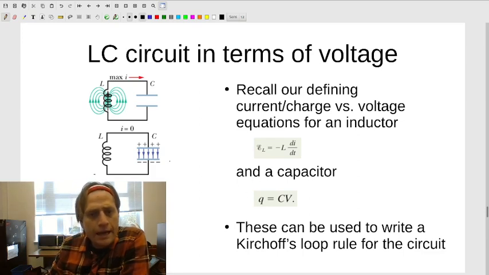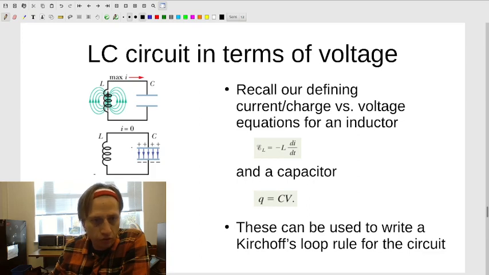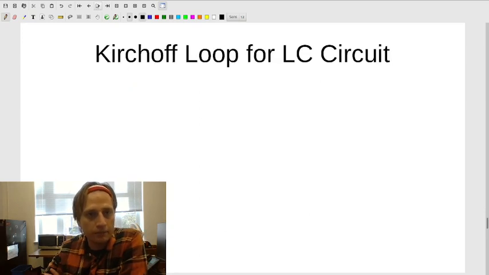Okay? And in the capacitor, having charge on it produces some voltage. So, because of that, we can do a Kirchhoff loop rule, where the voltages on these two are going to be pointing in opposite directions. But if we do that, if we use these, we can then derive what the frequency should be.